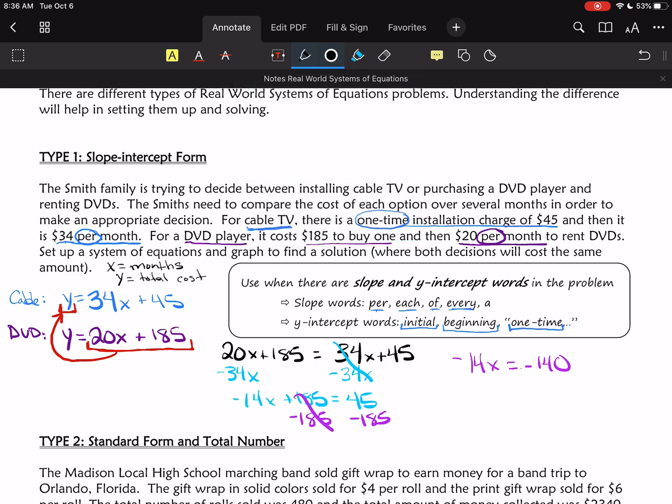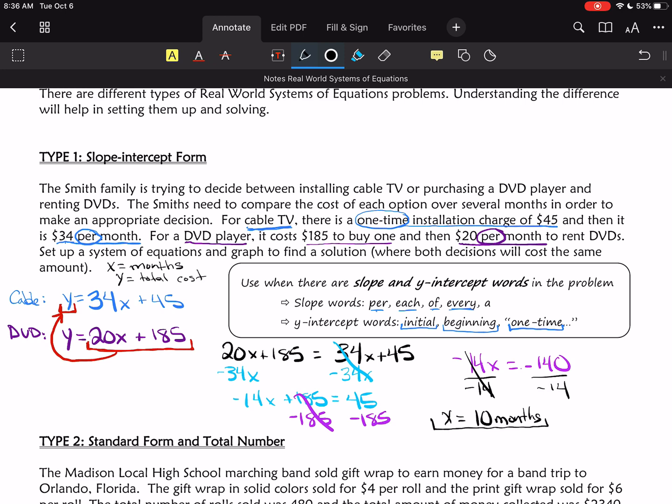Final step, I just have to divide that negative 14 off. And I get x equaling 10, and remember, x is months, so 10 months. Okay, so I have the number of months where my two equations would equal each other.